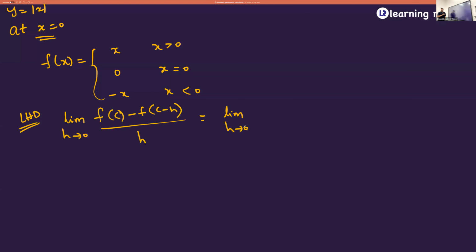What is f of 0? 0. Now for f of c minus h, f of 0 minus h means x is taking a negative value. So what function should I consider? When x is less than 0, minus x is what we need to consider. So what should I write there? See, this minus is in the formula. What should I write there?